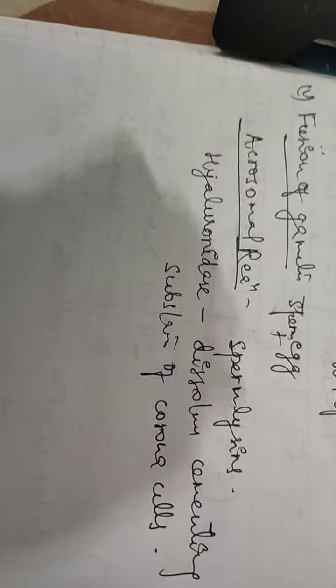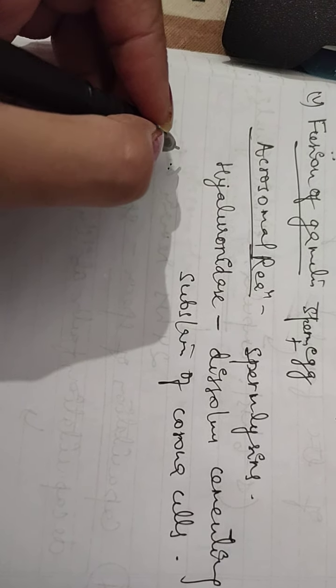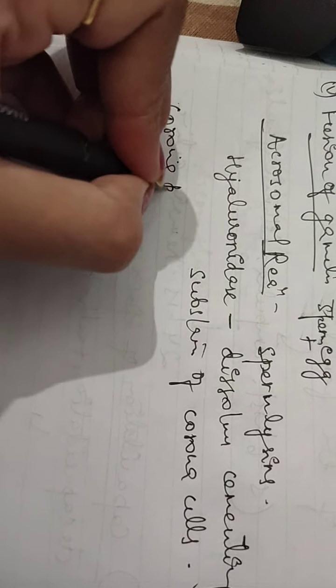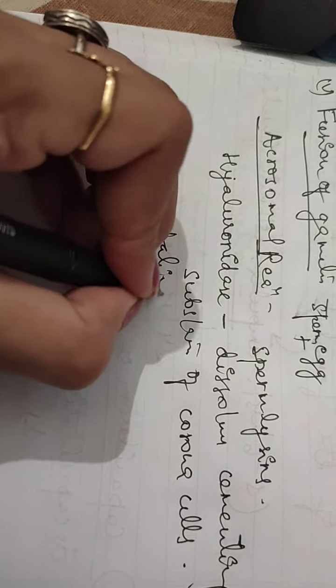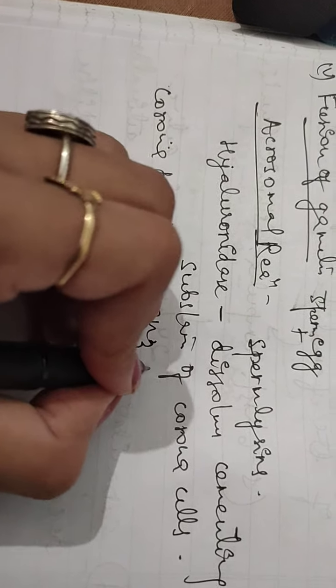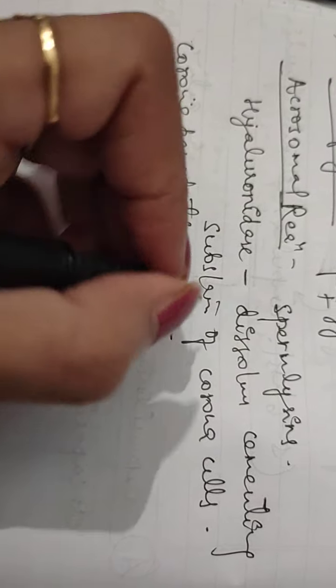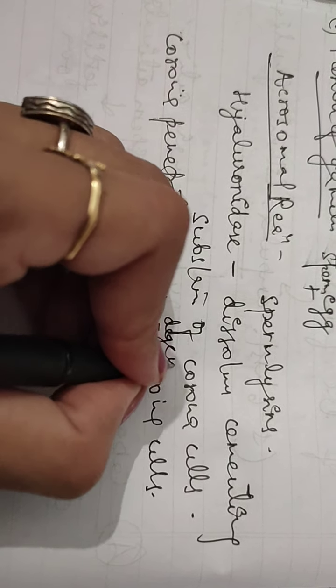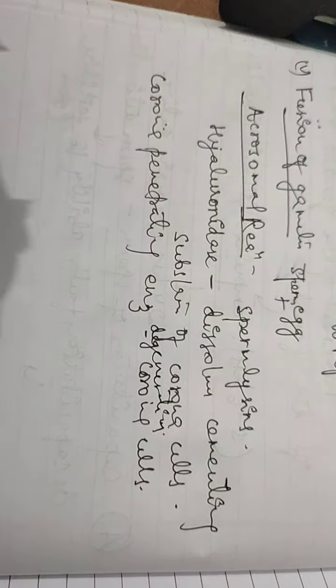I think you all remember the structure of the corona cells present in an ovum. Then the corona penetrating enzyme brings about degeneration of corona cells.